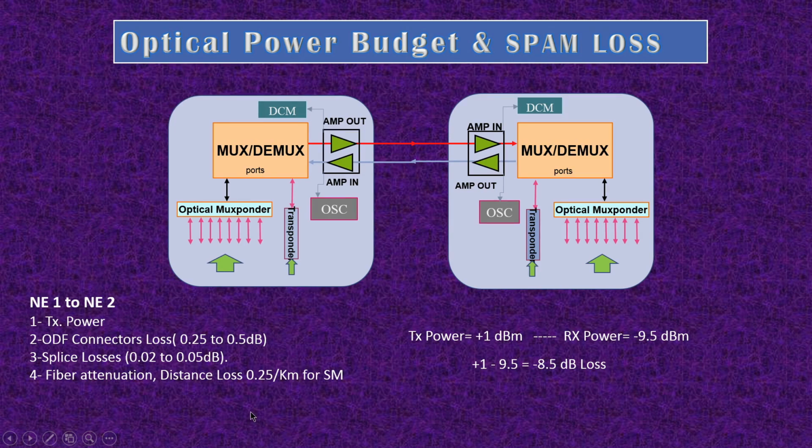So span loss reasons are the same as we calculate for the power budget.